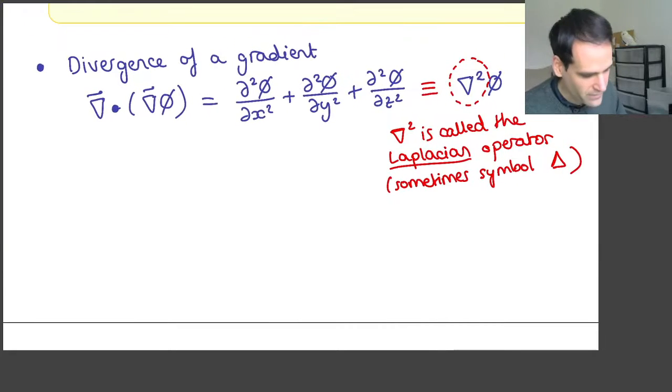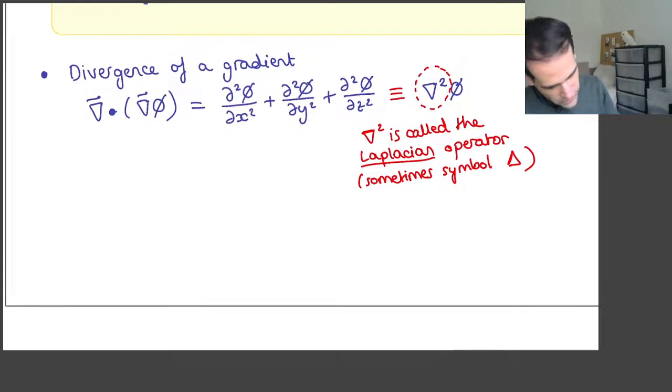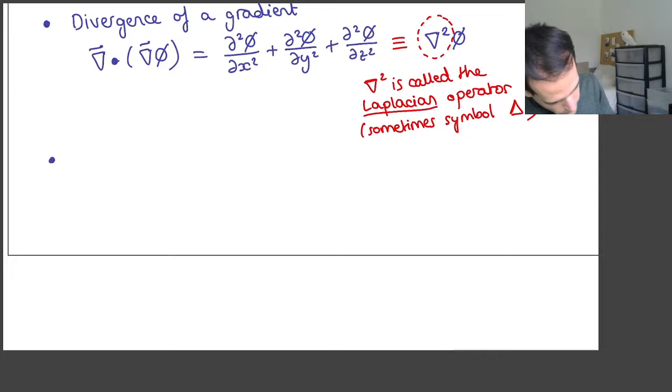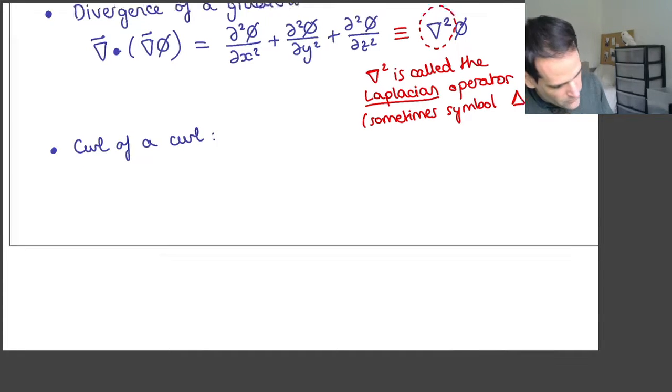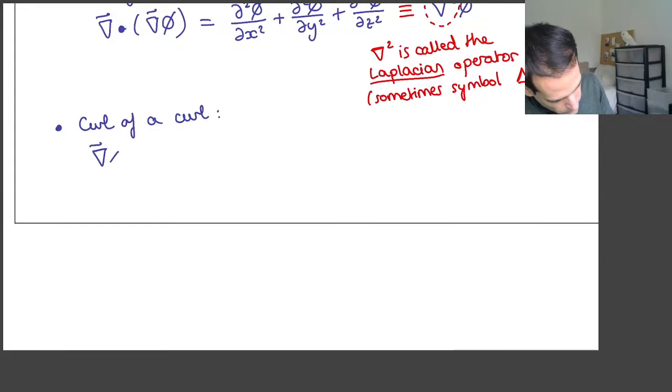And finally, there is another mathematical identity, which is the curl of the curl. So if you calculate the curl of the curl of a vector field f, what do you get?